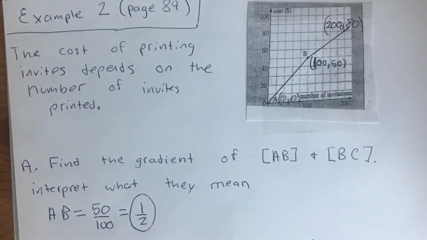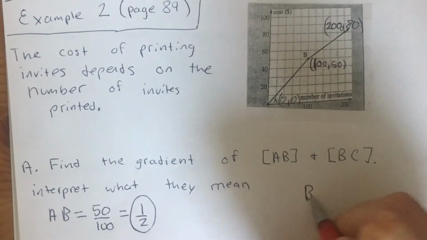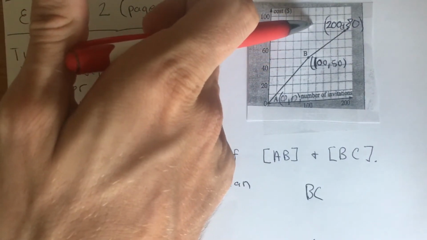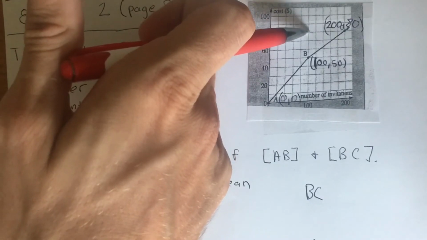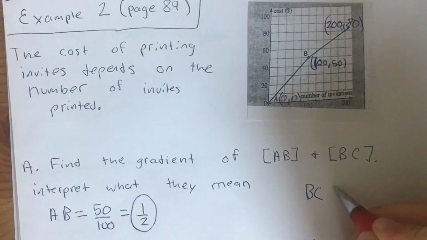Then for BC, we go up 30, it looks like, and then we go over 100. So that would be 30 over 100, which is 3 out of 10.